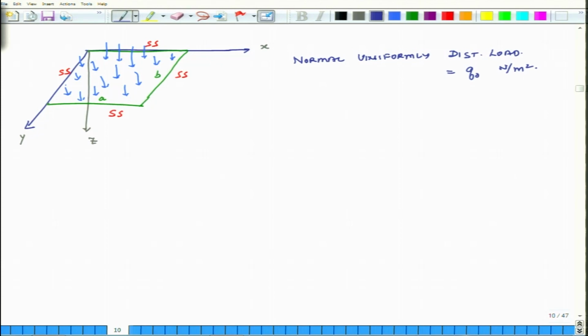So, the total load will be Q naught times A times B, where A times B is the area of the plate.